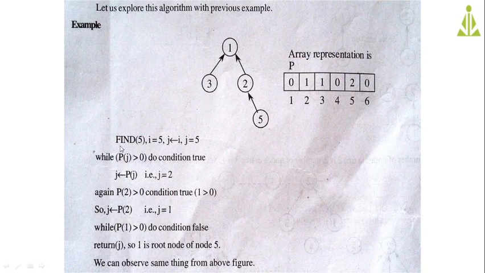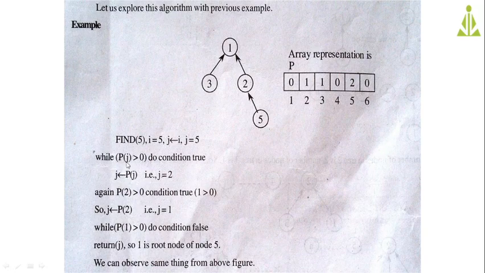First I want to find the fifth element, so i is equal to 5, and j is the root node of i, so j is equal to 5. What is the value of j? The j is 5 only.